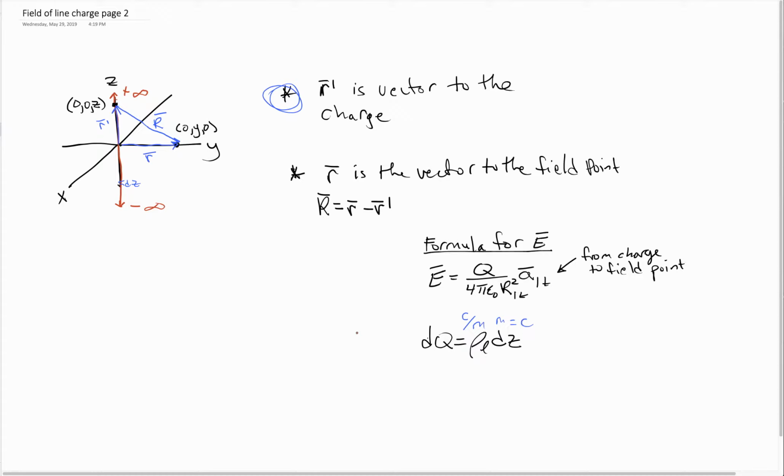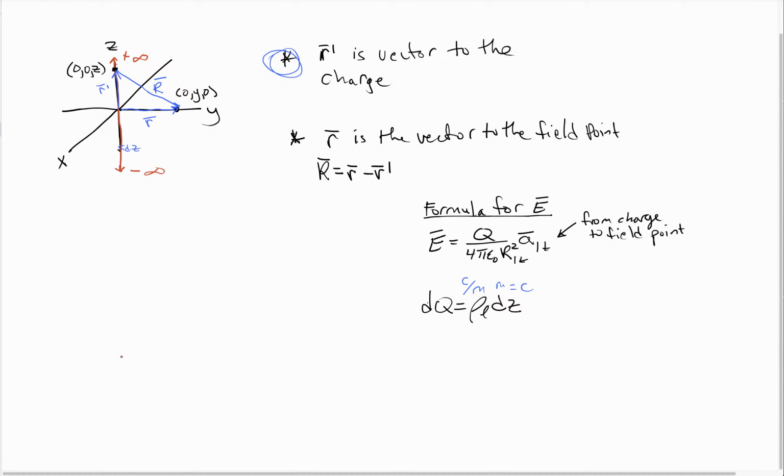And so we pretty much have everything here to solve the problem at this point. Let's go back to black here. And so we have a dE, and then we're going to put in our q, which is going to be equal to rho L dz, over 4 pi epsilon 0. Now what is r?